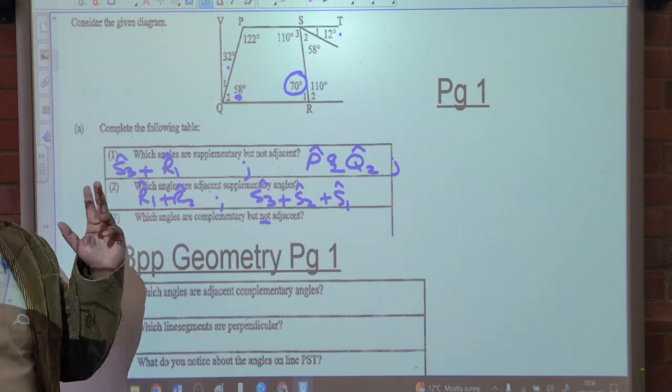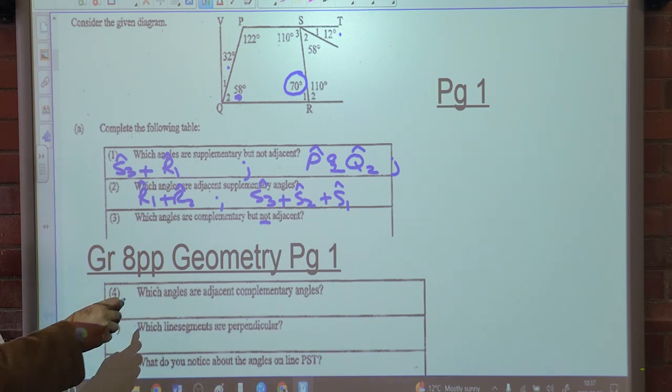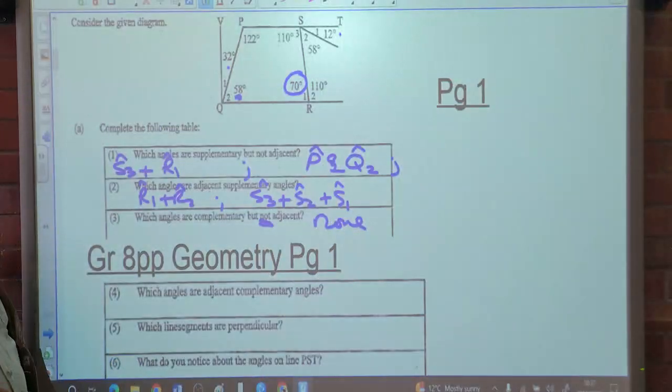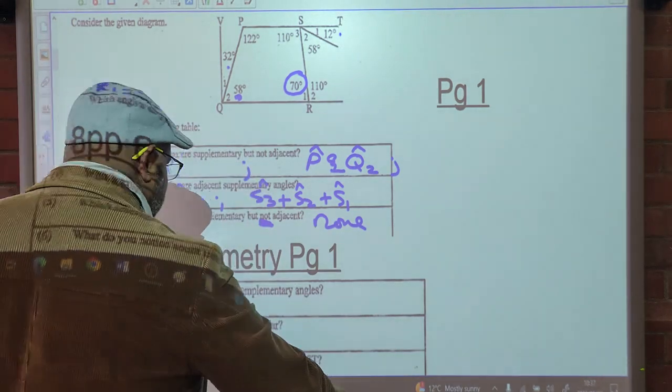Q1 and Q2 are adjacent to each other. They're next to each other. So that's not what they're looking for. I don't see any. Does somebody else see something? No. So I would say none. Why? Because they said not adjacent. Okay. You all okay with that?